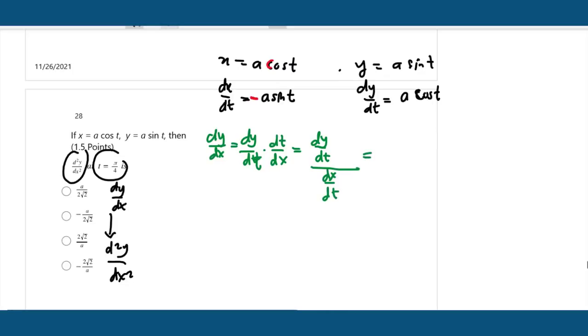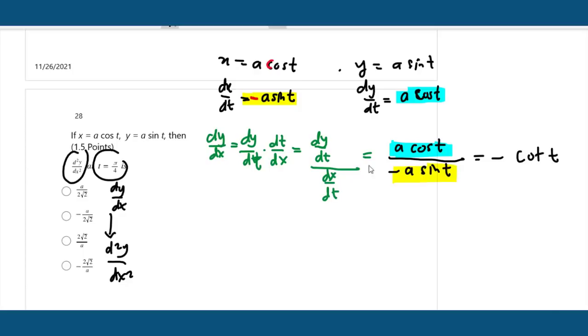Then substitute: a cos t over negative a sin t. Then simplify, cancel, get negative cos over sin, which is negative cot t.